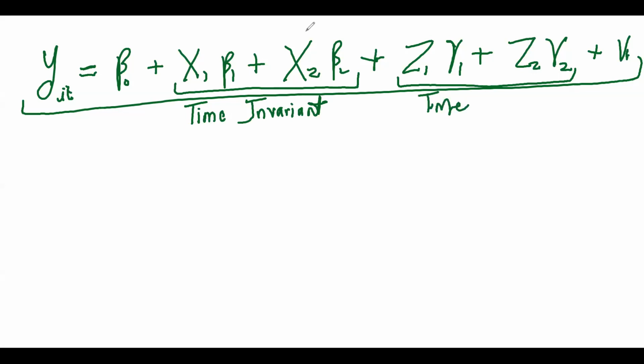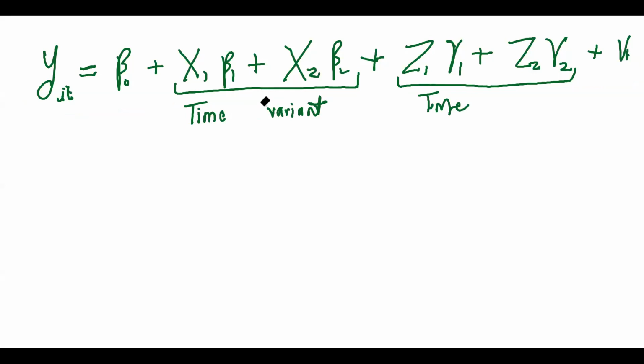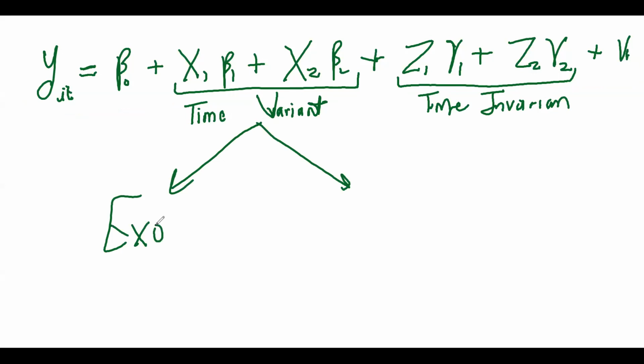I have written it the wrong way round. This is time variant. They vary with time, and this is time invariant. Okay. Then further, you have to find out which variables in time variant are purely exogenous and which variables have the problem of endogeneity, or they may be endogenous, right?